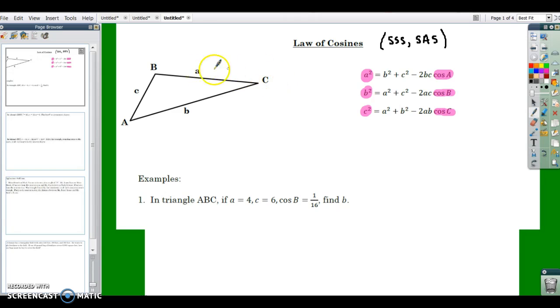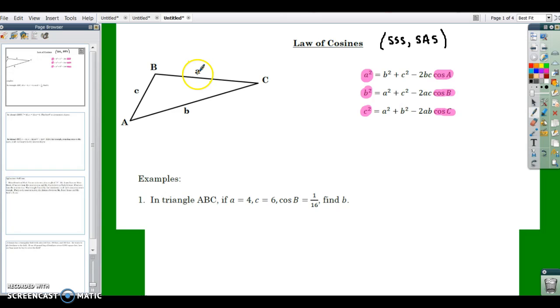So the square of any side of a triangle is equal to the sum of the squares of the other two sides minus 2 times the product of the other two sides times the cosine of the angle between the sides. Okay, that's what the formula is saying. And I know that's a lot of words. It's just a matter of getting used to it.